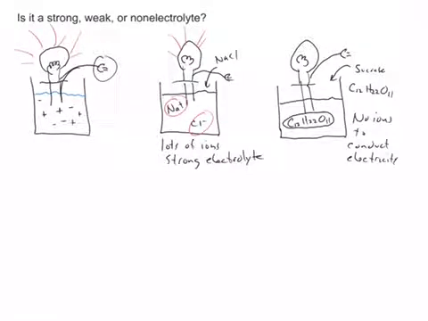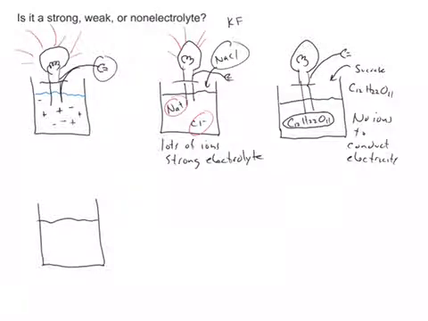All right, what other types of things are strong electrolytes? What other types of things give us lots of ions? Well, obviously, anything like sodium chloride, a salt that dissolves as ions, that's soluble. So let's take something like potassium fluoride. That's very soluble.